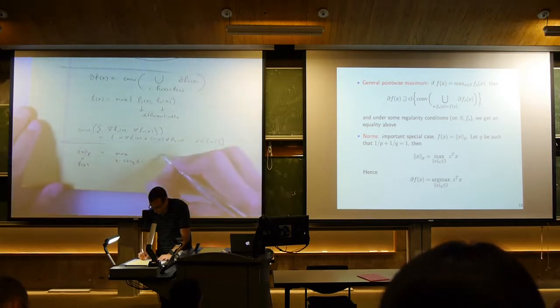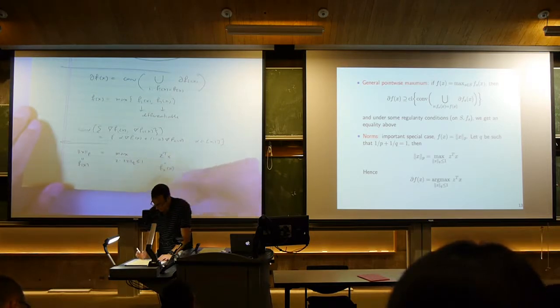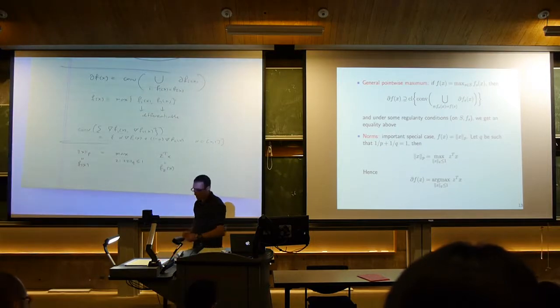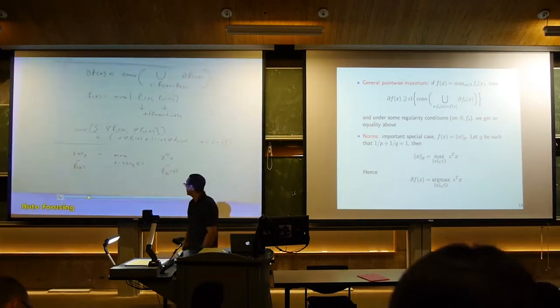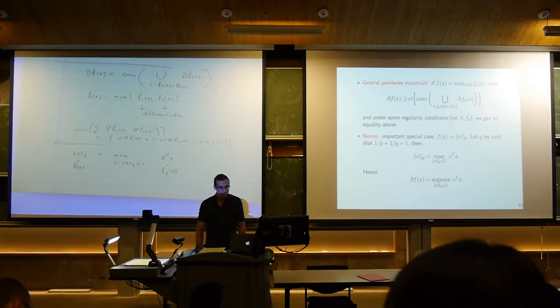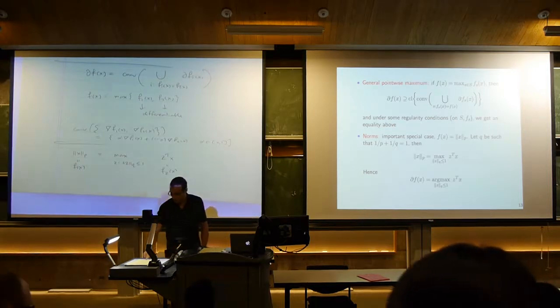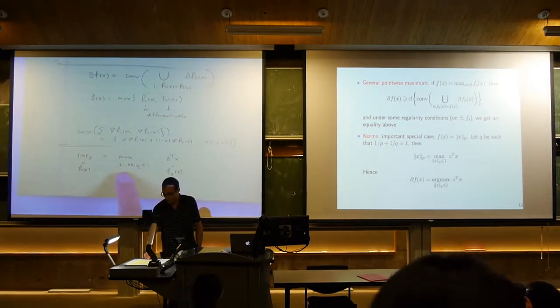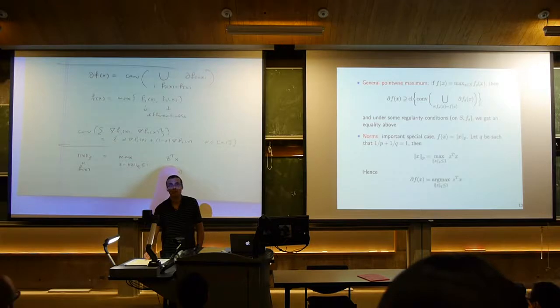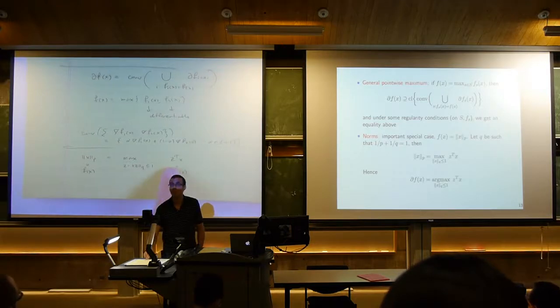And this is like my f_z of x. And what I'm told is that I look at all points z at which this is maximal, biggest over the set, and I take the subgradient of those functions with respect to x.